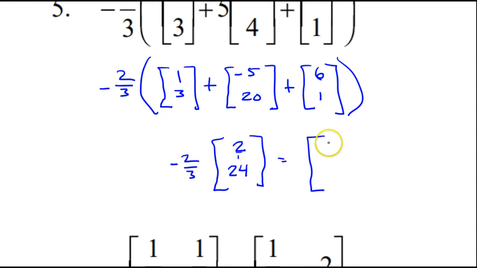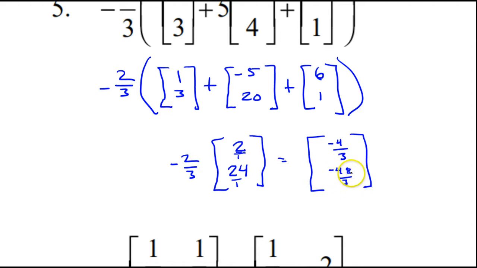So that's going to give us negative 4 over 3. And similarly, when I multiply negative 2/3 times 24, you can think of it as 24 over 1 if you want, then this is going to be negative 48 over 3.